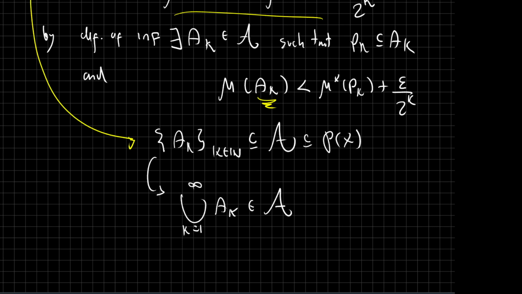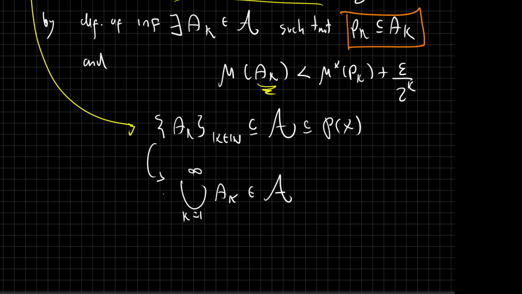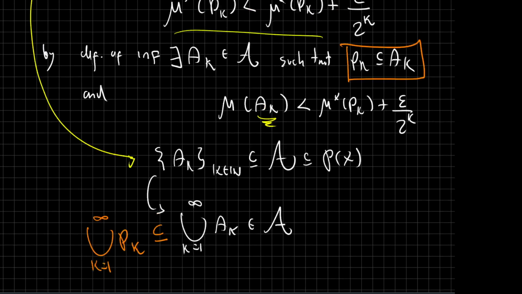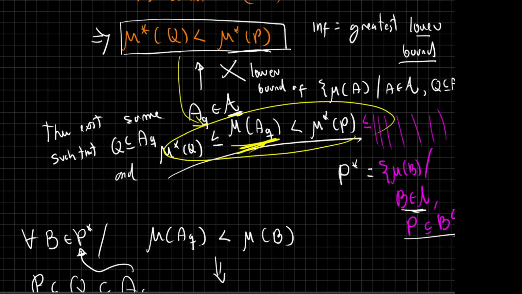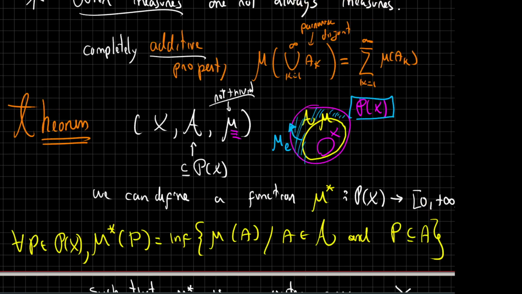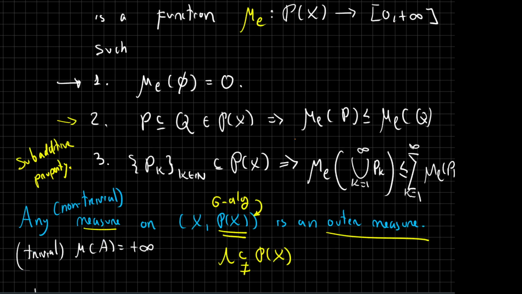And we also know that since every A_k includes P_k, then the countable union of every A_k will also include the countable union of every P_k, right? So you need to see what's going on. You need to keep in mind what we are trying to prove: the subadditive property.